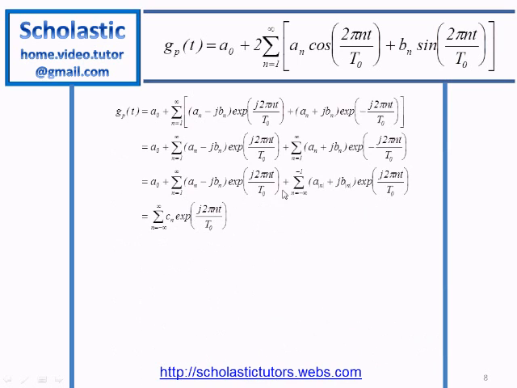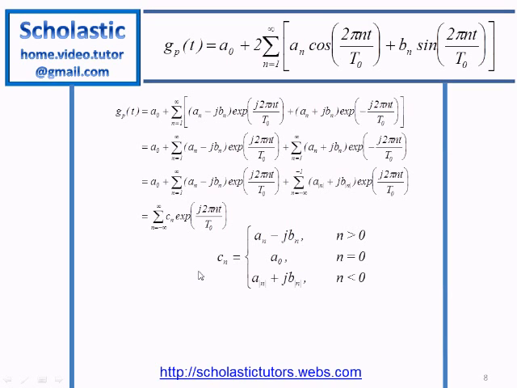This is what we saw so far, and this Cn is actually an minus jbn when n is greater than 0. When n equals 0, that's the average value, Cn becomes A0, and otherwise an plus jbn.